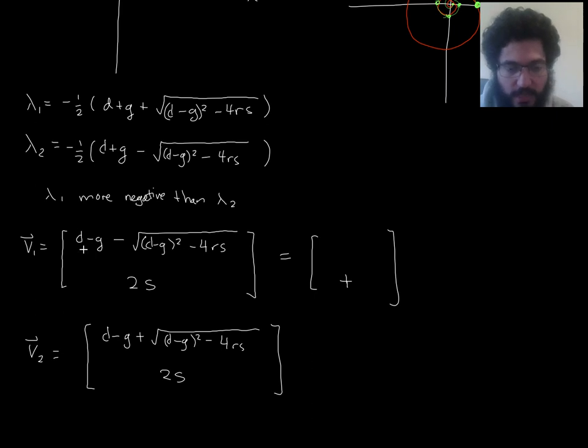So I'm taking d minus g, and then I'm subtracting this thing. If you think about it, this thing is less than... okay, hang on. So this thing is, in absolute value, less than d minus g. But d minus g itself could be positive or negative.